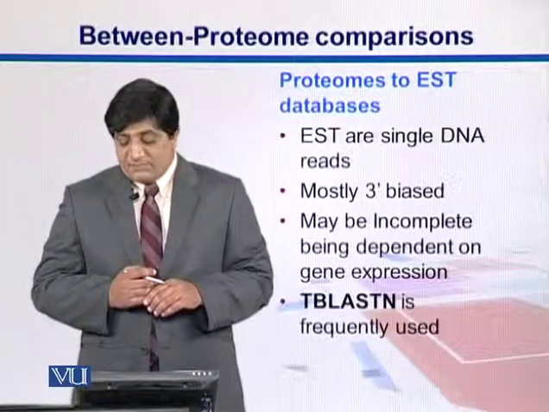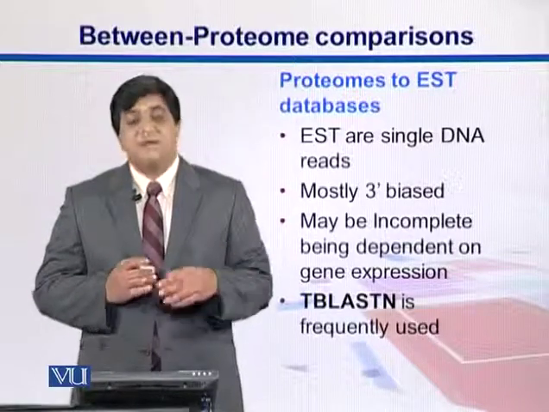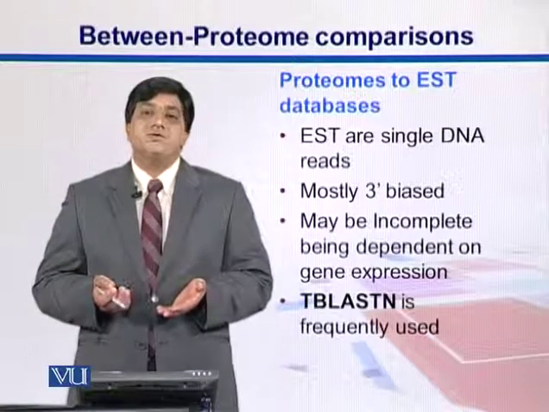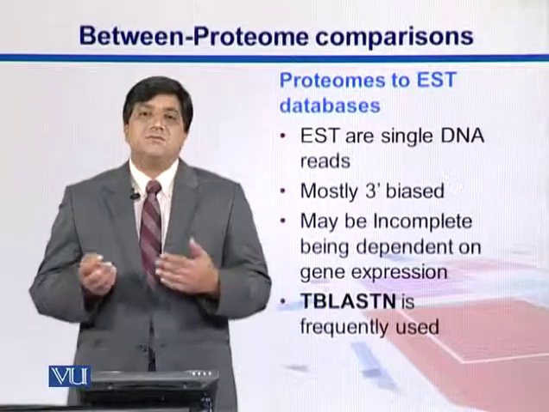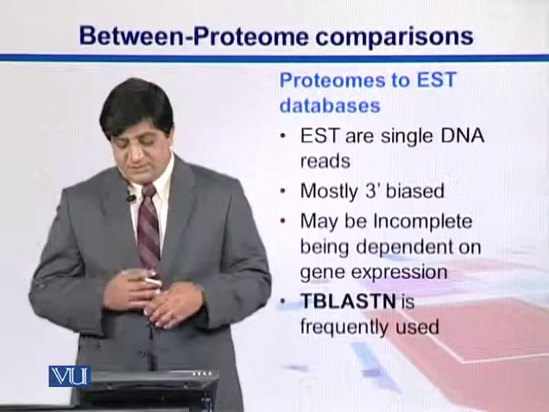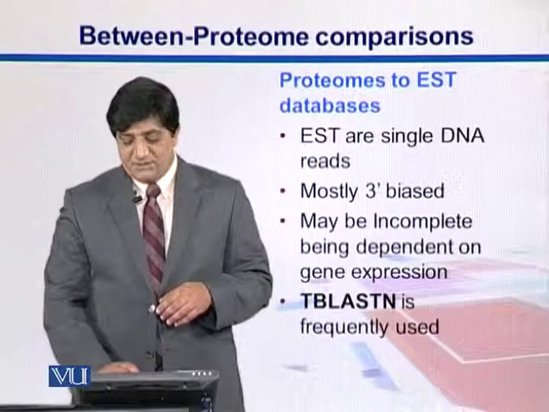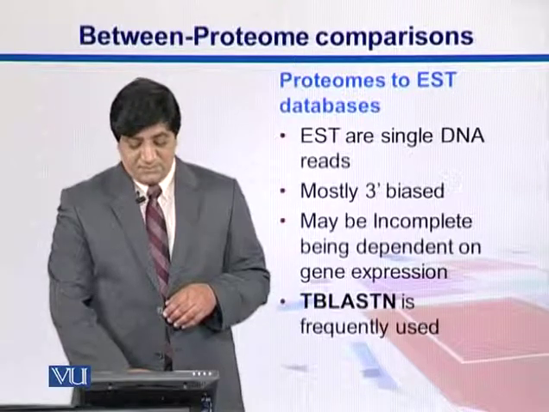We can have incomplete ESTs because it depends upon gene expression. If we don't have genomes and we have ESTs, we might be biased towards only those genes which are expressed. The program in BLAST which is used for this purpose is tBLASTn.